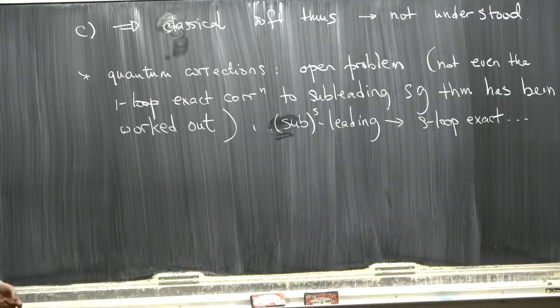Just to clarify what the statement is for this, there is a proposal for the S equal to 3 soft factor, or is the matching condition not? There is a proposal for the S equal to 3 soft factor, but it has not been proven that it's the only tree-level contribution. This tower of soft factors, we'll see in a moment, is in some sense universal because it's determined by symmetries.